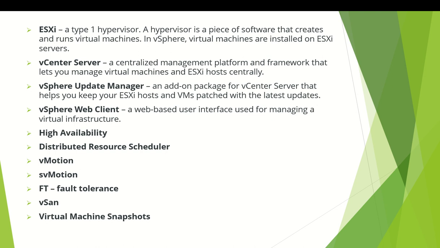The primary VM which had the issue will be turned off, and you can delete that one. Fault tolerance has some limitations, so most of the time very few people use it, but for highly critical machines you can use fault tolerance.